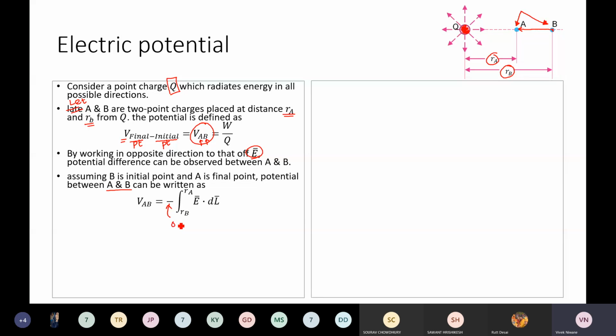Why the minus? Because the direction is opposite, the work done and the electric field intensity. This was your initial or starting point and this is your end point, E bar dot DL bar.